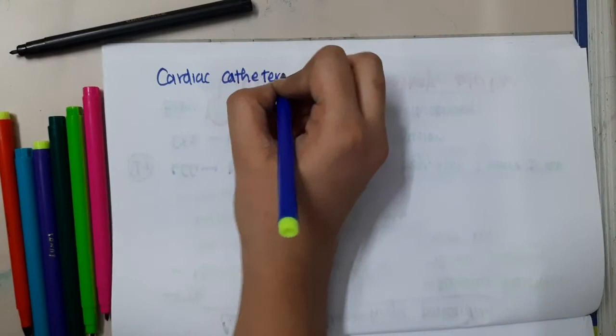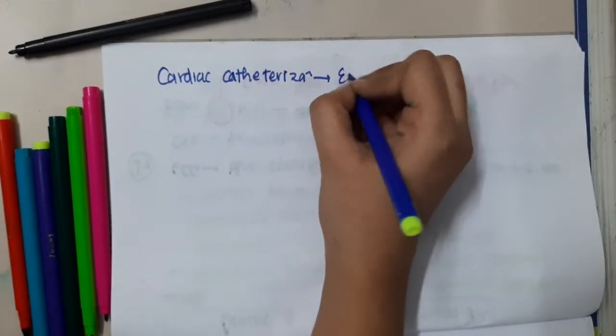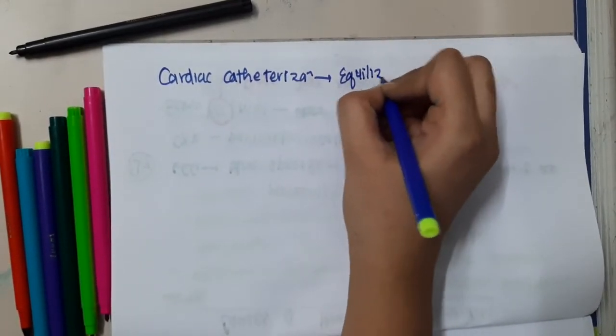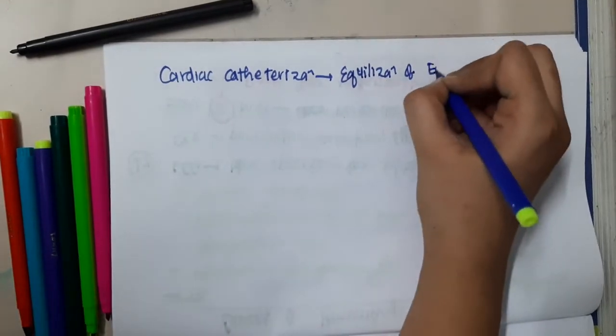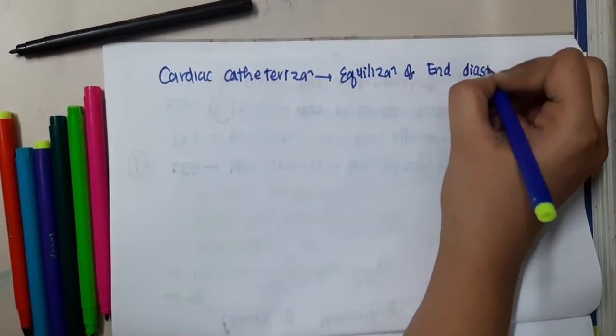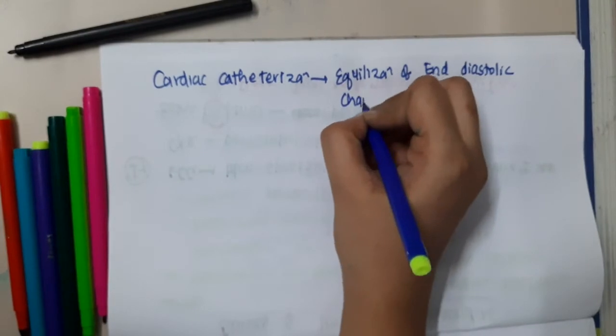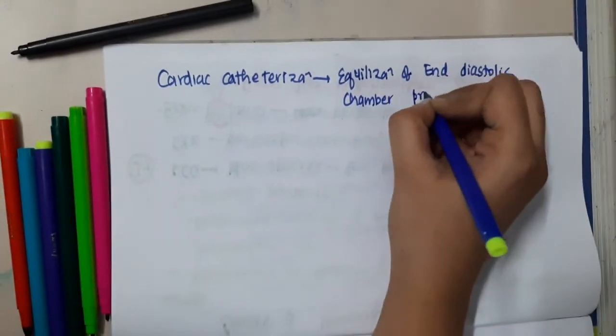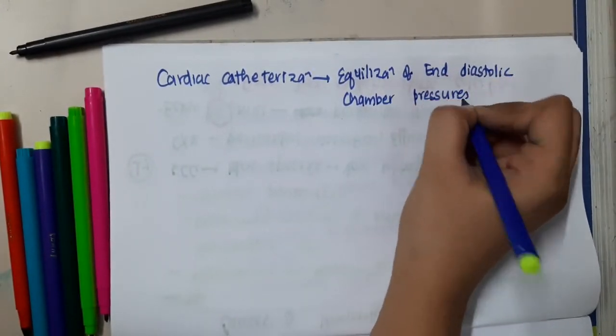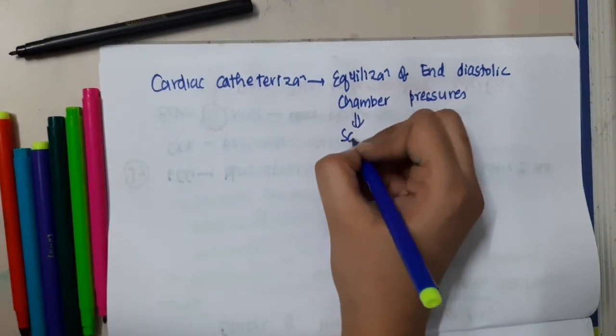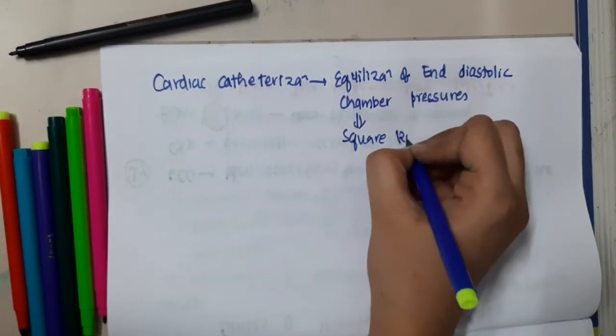With the help of cardiac catheterization, you will see equalization of end diastolic chamber pressures, which is called the square root sign.